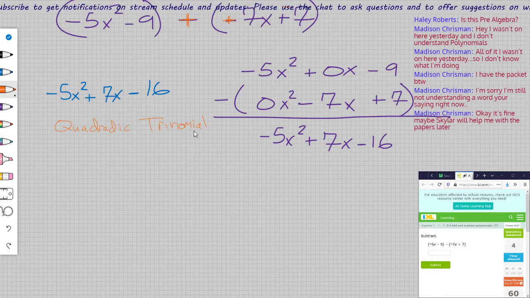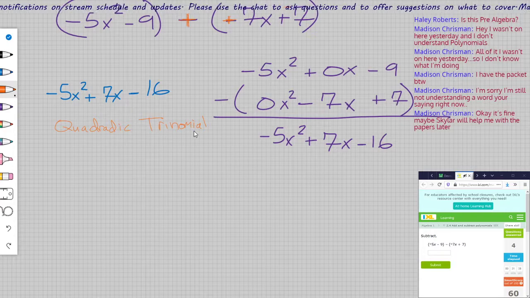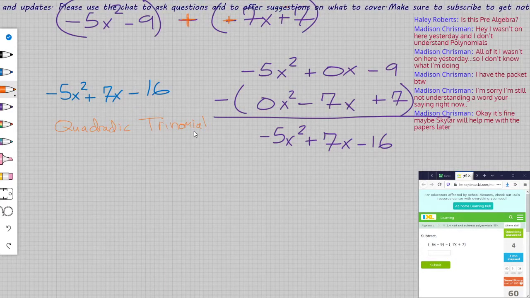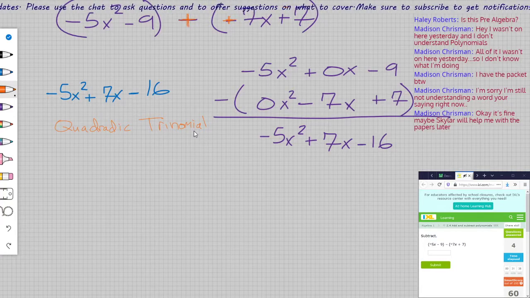I'm not sure if there's any more questions. If not, I was going to switch over to pre-algebra just to cover their last little topic. I'll give you all a few seconds because I know there's a little bit of a lag. If you do have questions and want to come back later and ask, you can ask at the end of pre-algebra as well, or email me.